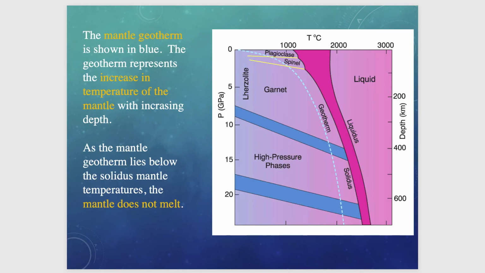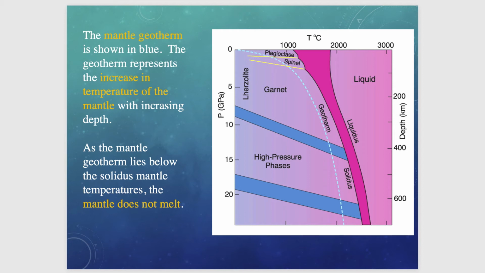If we consider the change in pressure and temperature with depth, we can construct a geotherm that illustrates the path that the mantle takes when it separates and forms basaltic magmas.